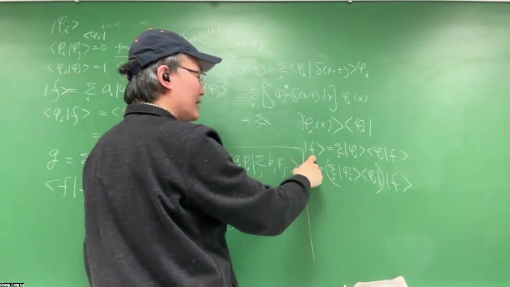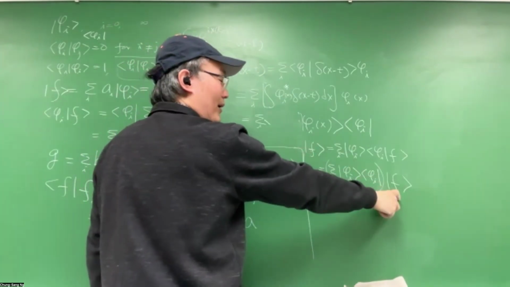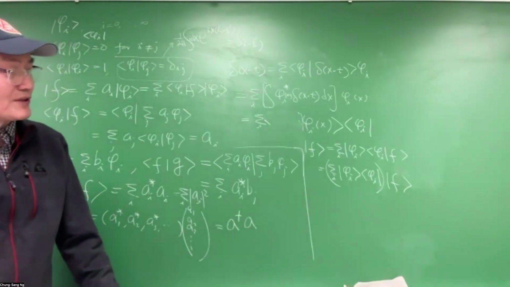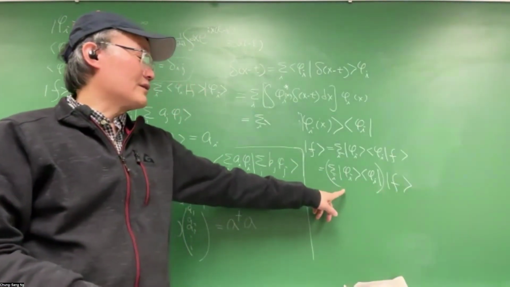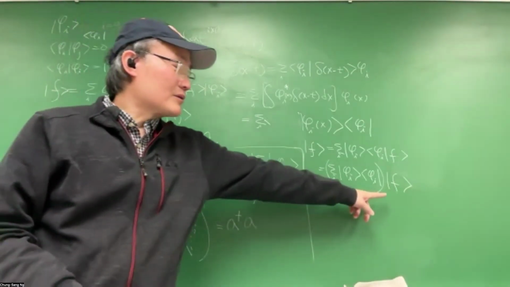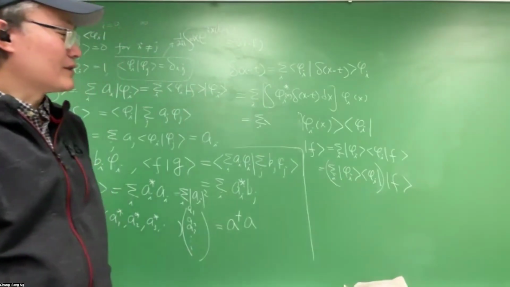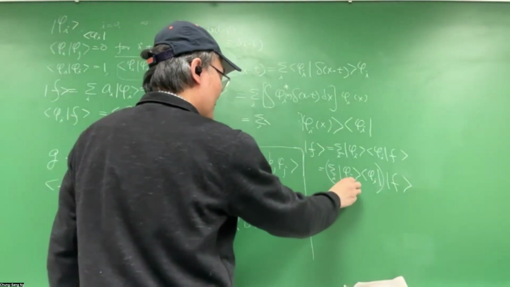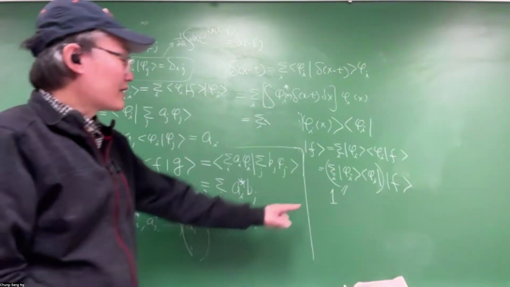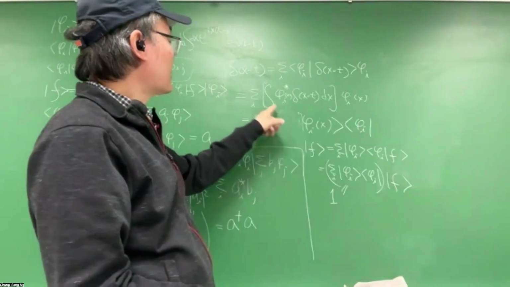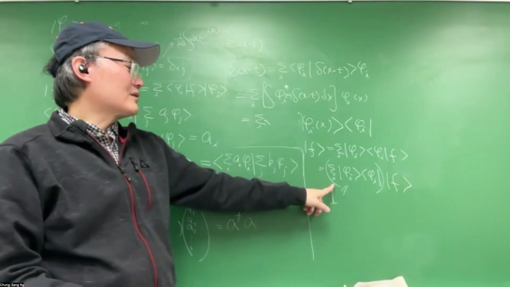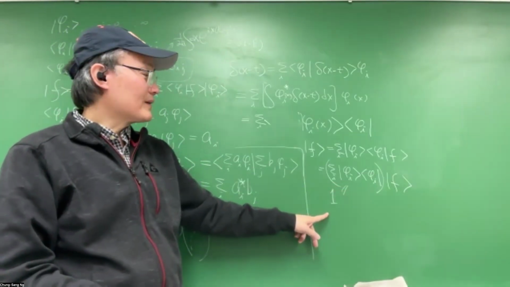In this case, f becomes something multiplied by f itself, and you can say this is just one, or more precisely, because this is a vector, it's like an identity matrix multiplied by the vector itself. But usually in quantum mechanics, people just call it one. This is the closure relation: in Dirac notation, the sum over this object becomes one.